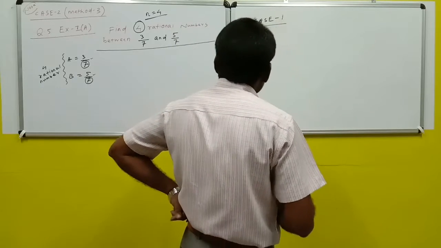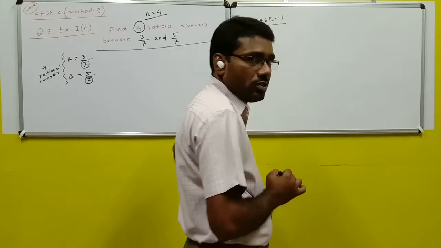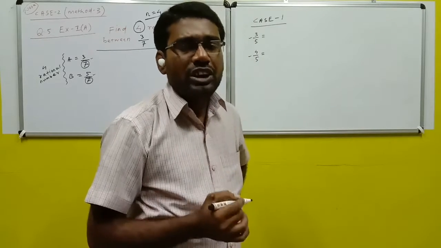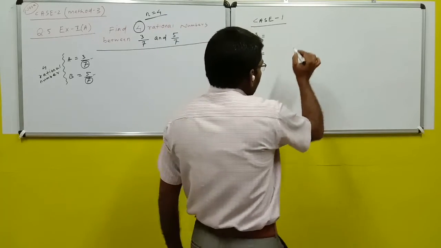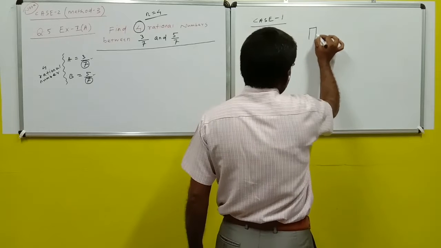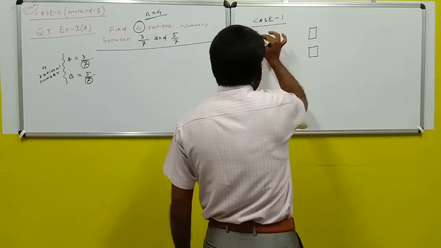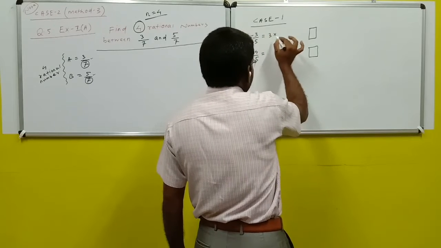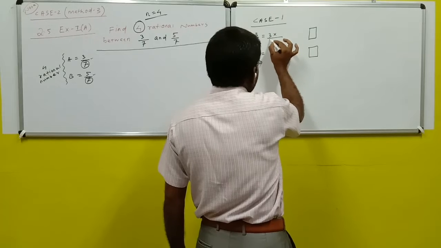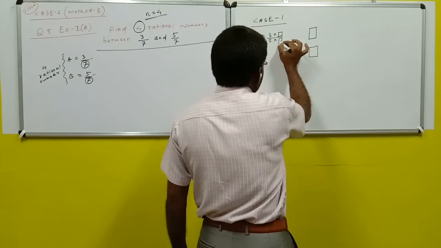You only changed these two given rational numbers into their respective equivalent rational numbers by multiplying the numerator 3 and the denominator 5 by a suitable number.